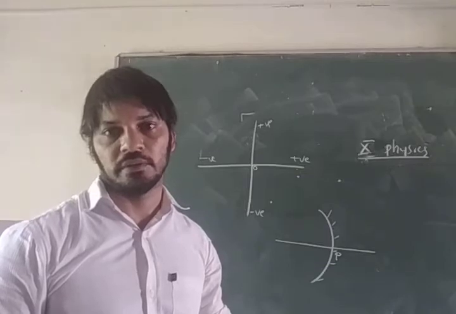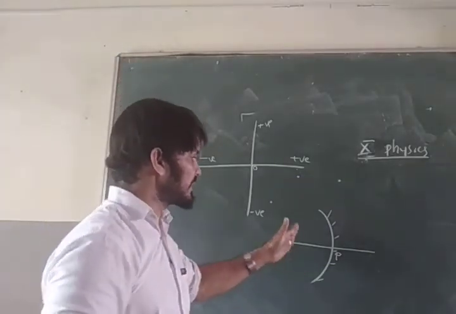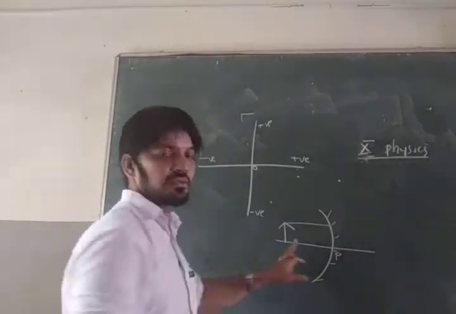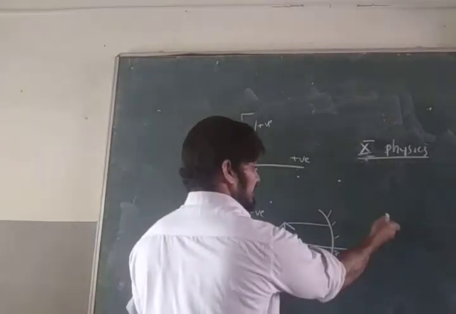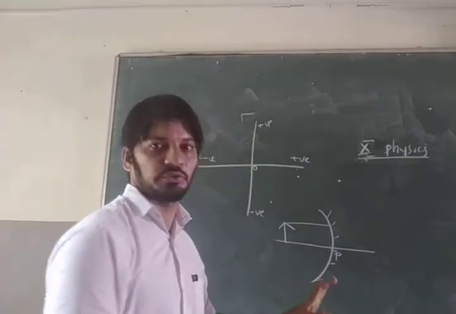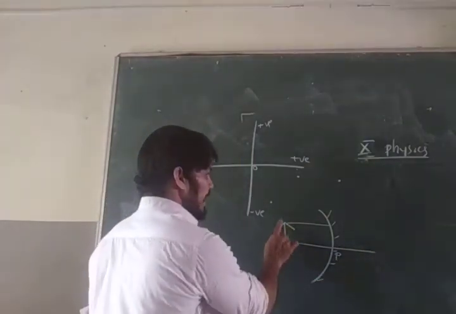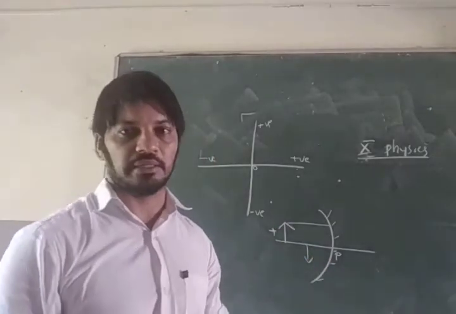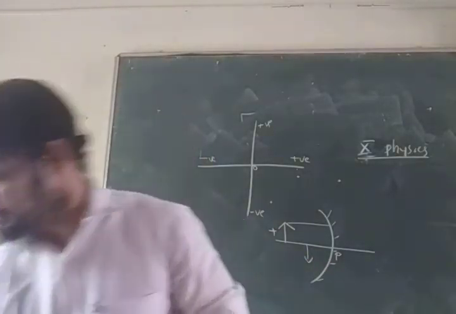Understood now? Every object kept on this side has a negative object distance, and if the image forms on that side it is positive. The height of the object upward is positive, and the height of the image downward is negative. That we studied.